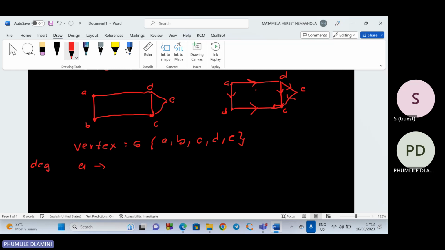You will see that vertex A is composed of 2 lines, 1 and 2. So the degree of vertex A is 2.